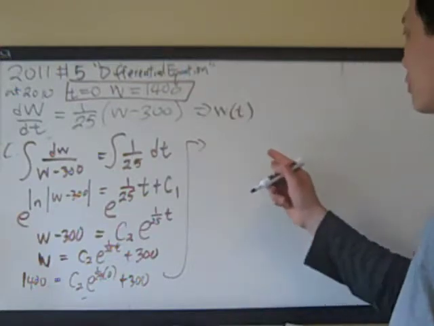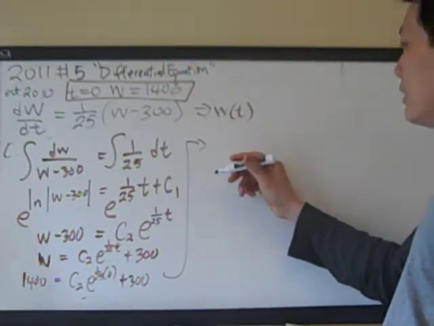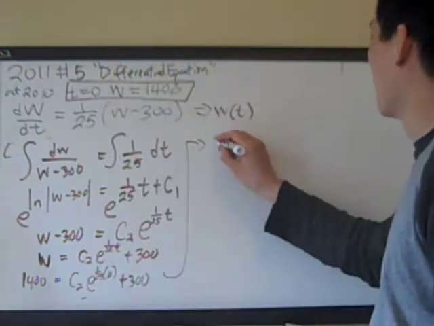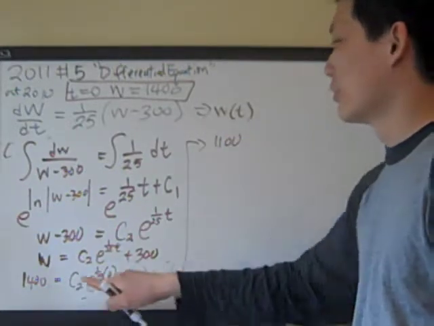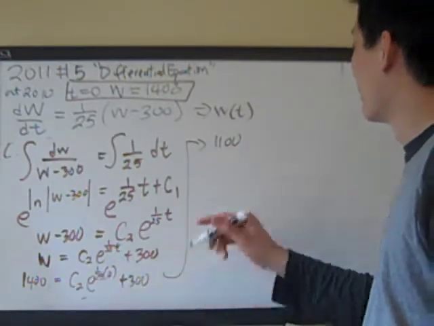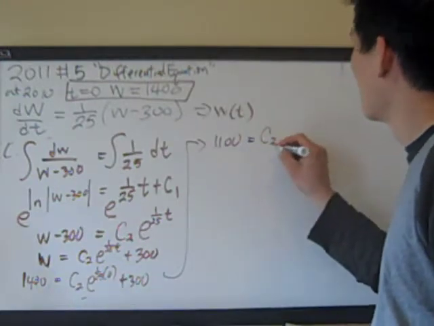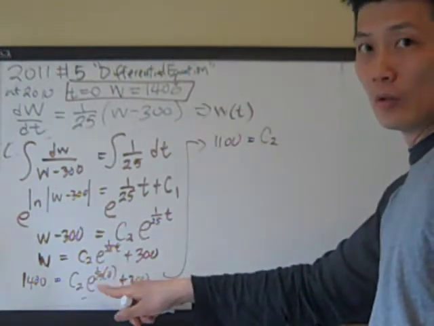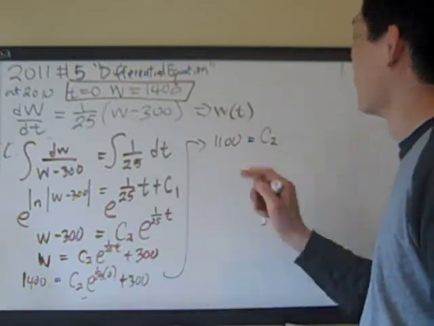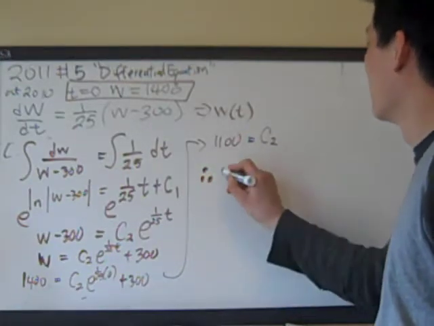Bring the 300 over, and we have 1100, which is 1400 minus 300. So 1100 is equal to C2 times e^0. e^0 is 1, so C2 is 1100.